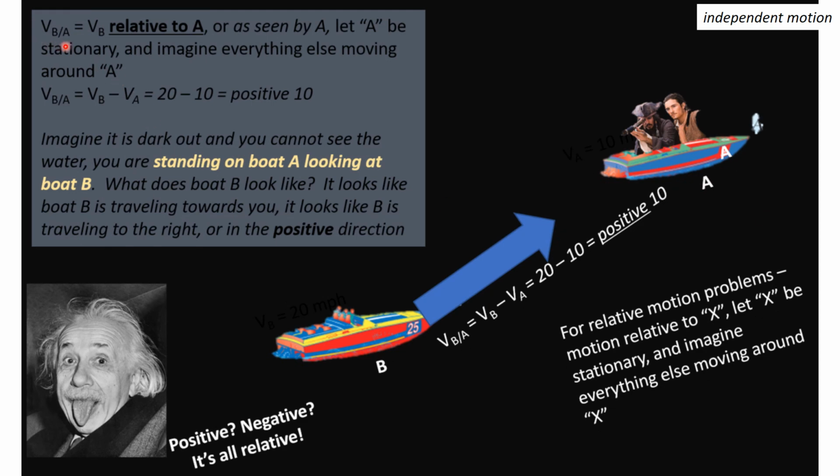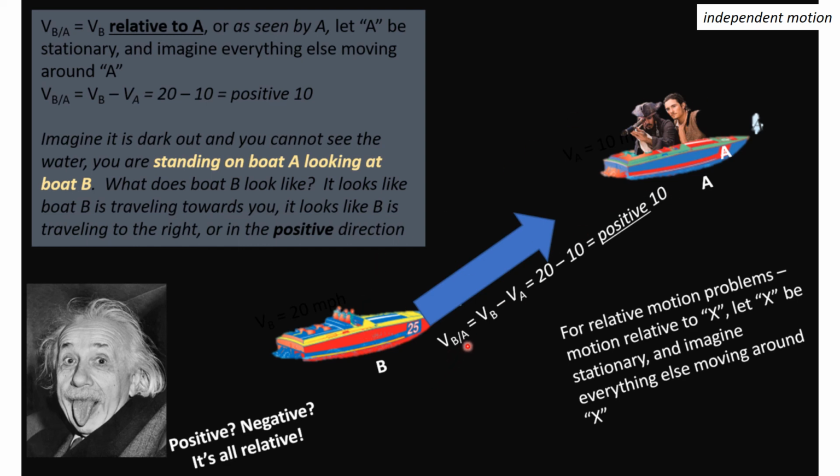Velocity of B relative to A. Now we're going to switch which boat you're sitting in. Now you're sitting in A, and from A, you're looking back at B. If it's relative to you, you are now the center of the universe. Pretend like you're the one sitting still and everything else is moving around you. What does it look like B is doing?